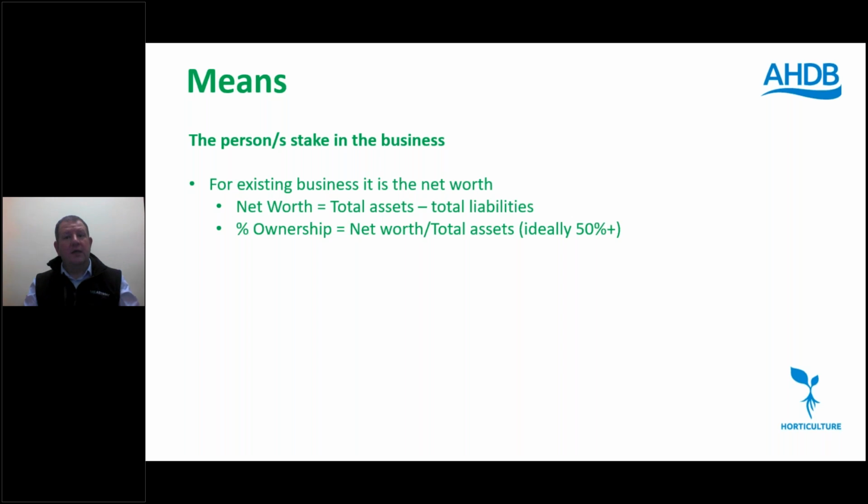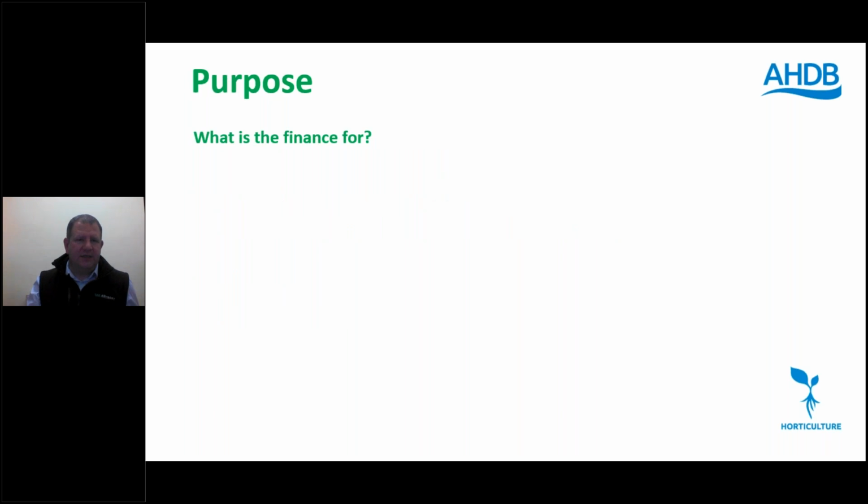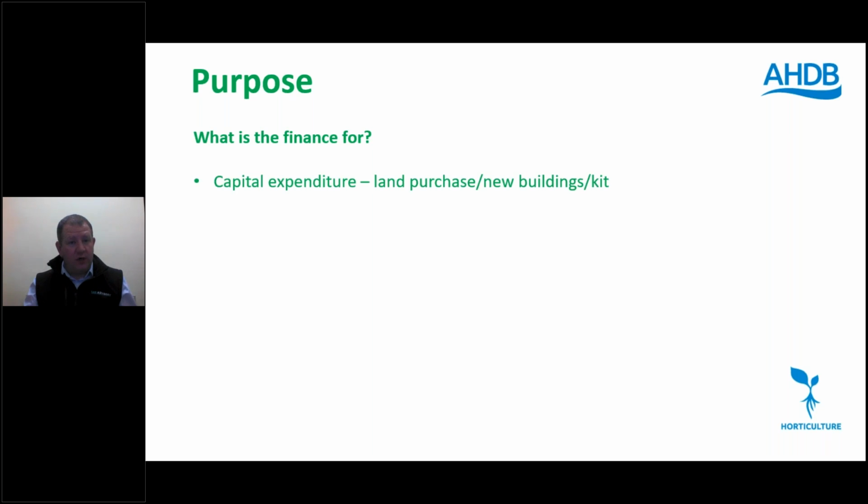If you're not there, the bank will probably ask for more information to help them come to a decision. And if it's startups, the bank will tend to look at cash and assets available. Now, it's pretty important that you can get across to the bank what the finance is for. If you are on a capital expenditure project, it might be for land purchase or some new kit or a new unit.